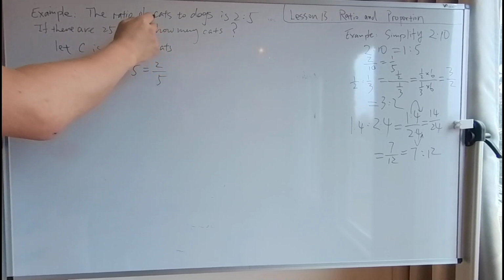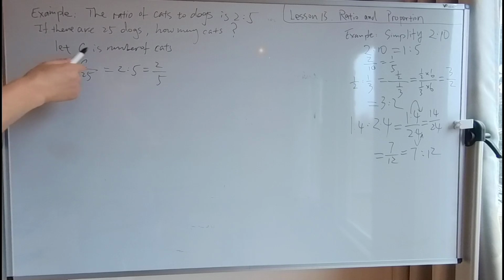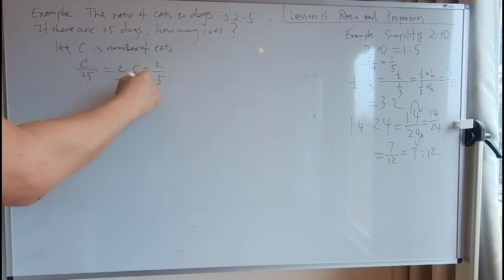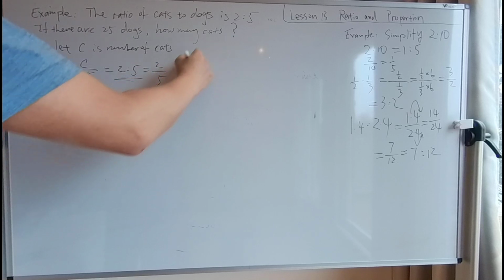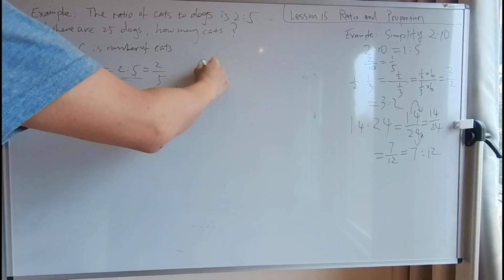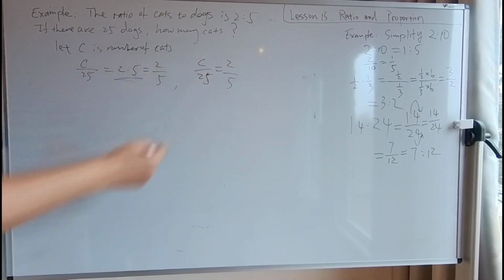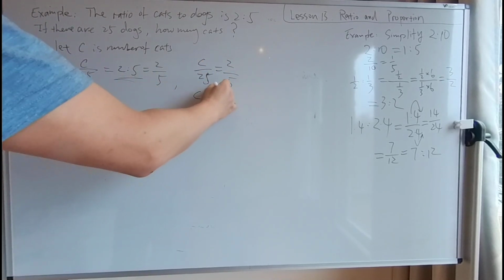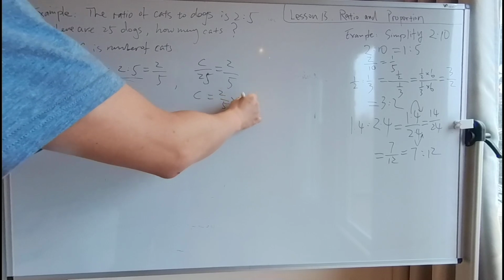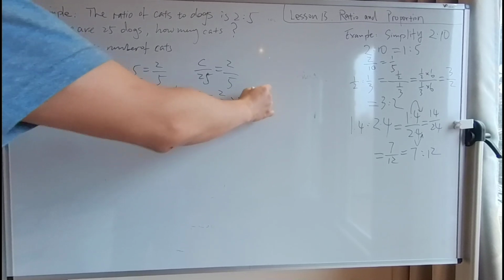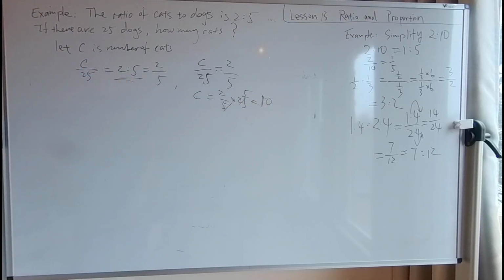In order to get the ratio of cats to dogs, I'm using the total number of cats divided by the total number of dogs. Now, converting this all to fraction form, it's just equivalent to solving C from this equation. Then C is 2/5 times 25. Then this gives you a factor of 5, so it's 10. The number of cats is 10.